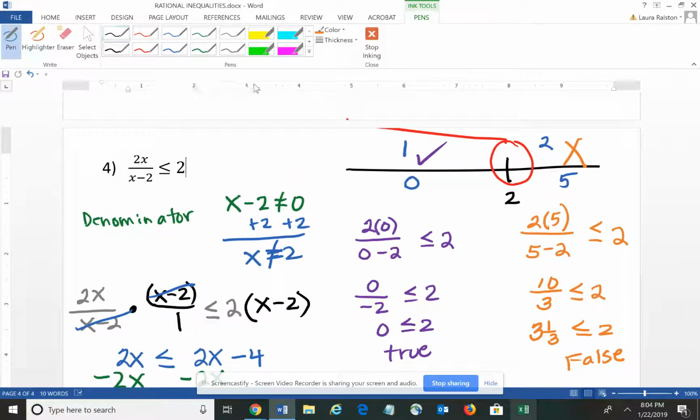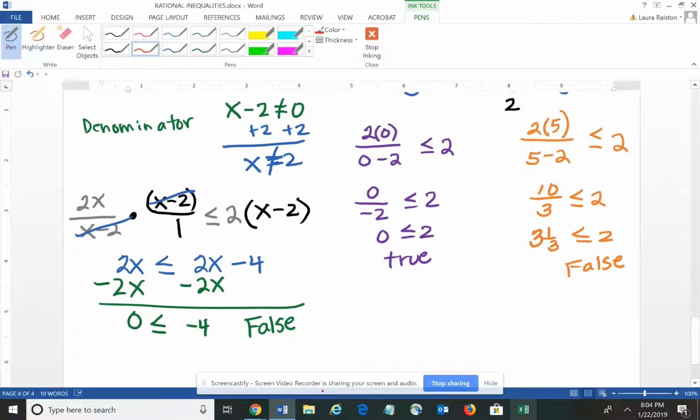So be careful. This one's got a couple little tricks with it all the way around. Ultimately, your interval is going to be working left to right from negative infinity with a parenthesis up to positive 2. But again, we do not include the 2 because it would cause the denominator to be 0.